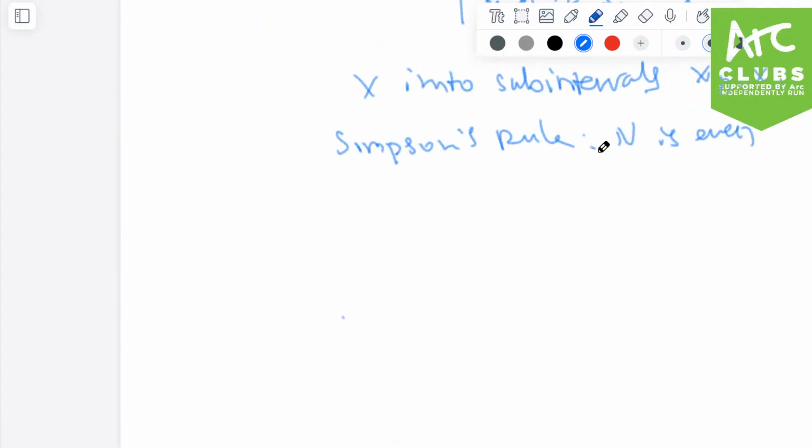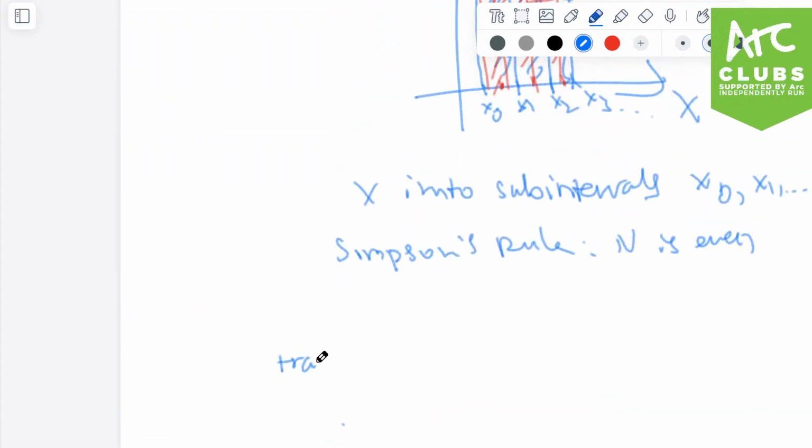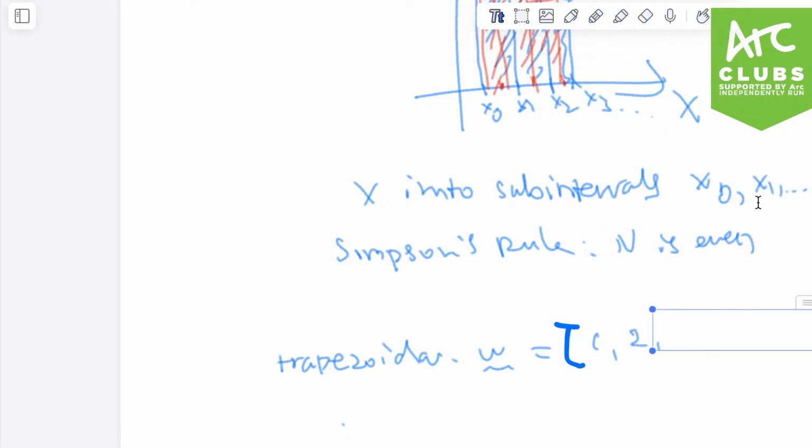So for the trapezoidal rule, w as a vector is just going to be 1, then 2 and 2, until 2 and then 1.